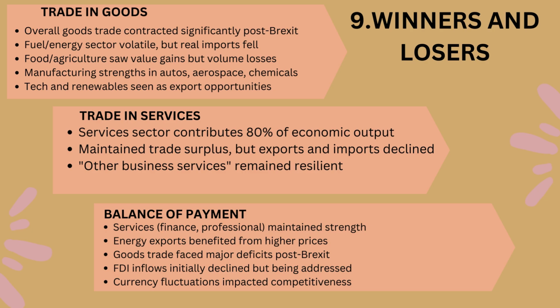The fuel or energy sector was volatile, but real imports fell. Food or agriculture saw value gains but volume losses. Manufacturing strength in autos, aerospace, chemicals, technology and renewables seen as export opportunities.